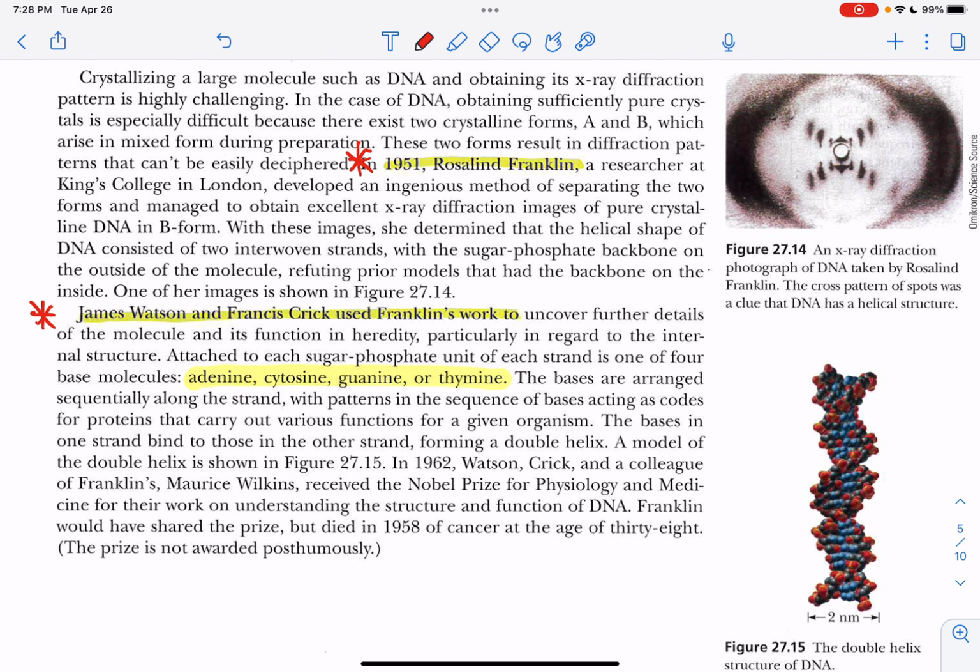They got the Nobel Prizes, and unfortunately, 7 years after Rosalind Franklin did all of this hard work that Watson and Crick took advantage of, she died of cancer at a very young age of 38. Now, they don't give Nobel Prizes after you're dead.